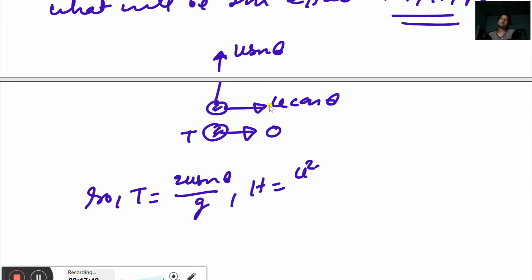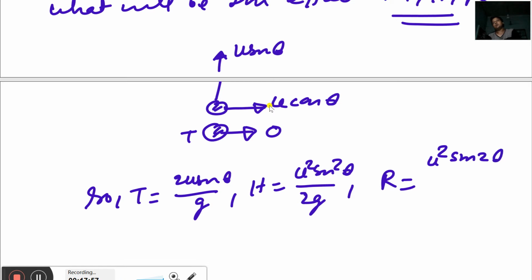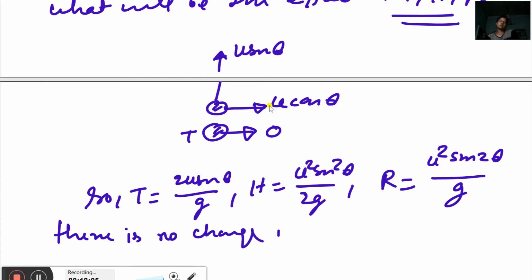Greatest height is u square sin square theta over 2g, and range is u square sin 2 theta over g. There is no change in value of T, H and R.